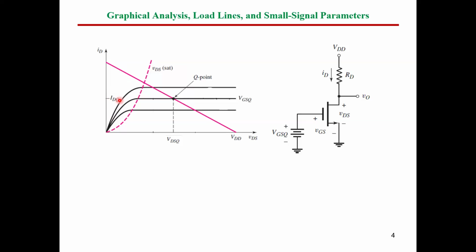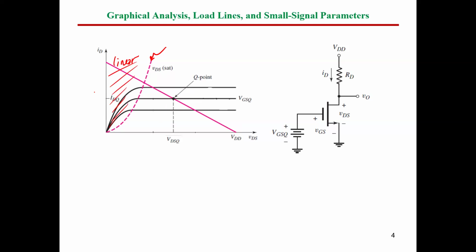Let's have the pen instead of the laser one. So here is our locus of VDS saturation. This is the linear region, and we don't work in the linear region in the amplifier, as we discussed before.